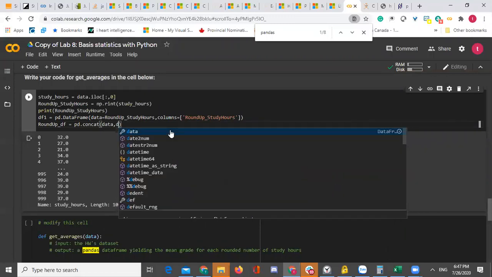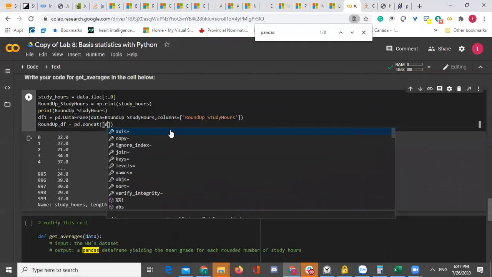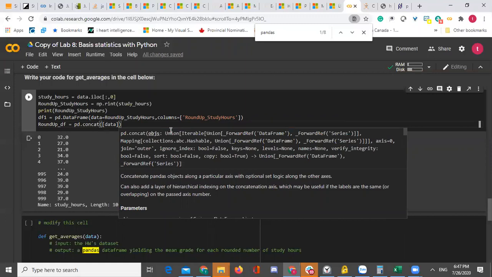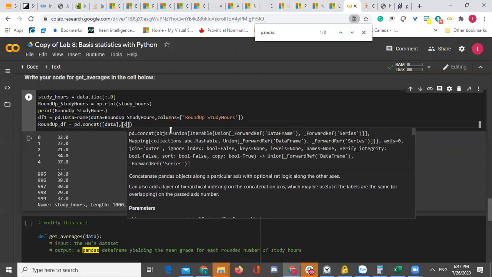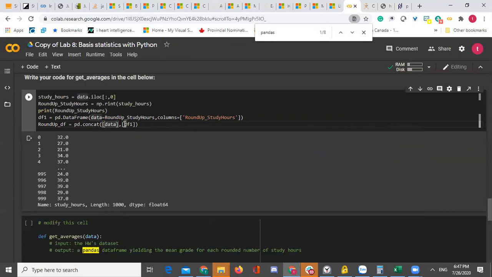No, it should be between square brackets. No, the same, only one square bracket. This is a list of the data frames you should provide. Yeah. Okay.